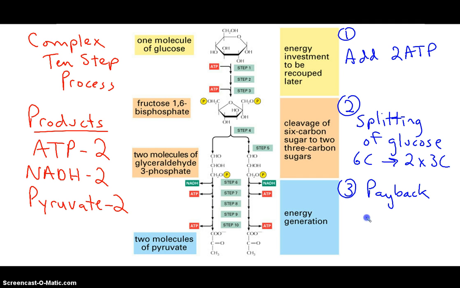Here's where we get ATP and NADH for the cell to use at later steps. So even though it's this complex 10-step process, what I want you to concentrate on is the products. And the products at the end of it all are going to be 2 molecules of ATP, 2 molecules of NADH, and 2 molecules of pyruvate. That's what we need to focus on, and that's the big picture.